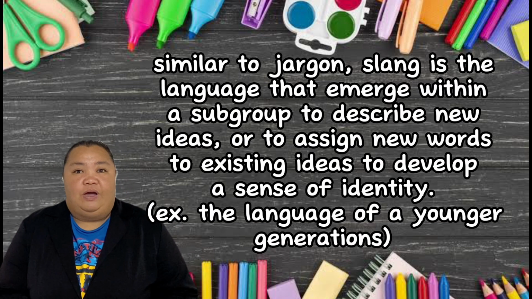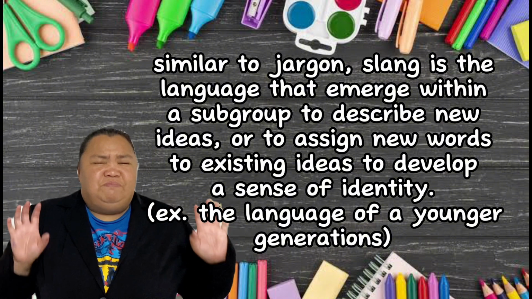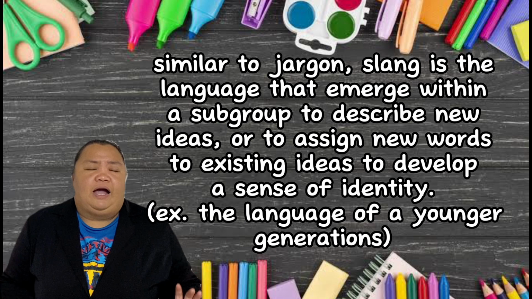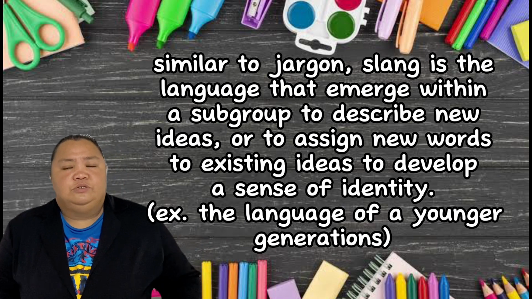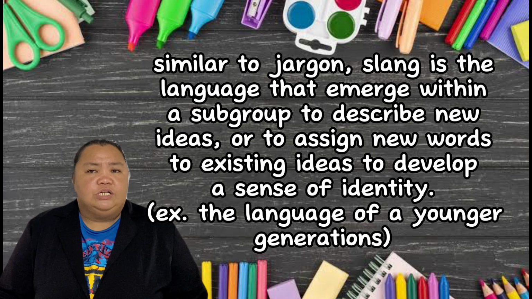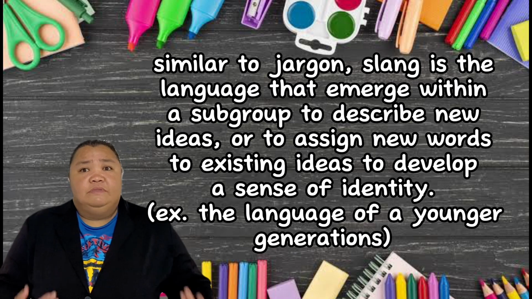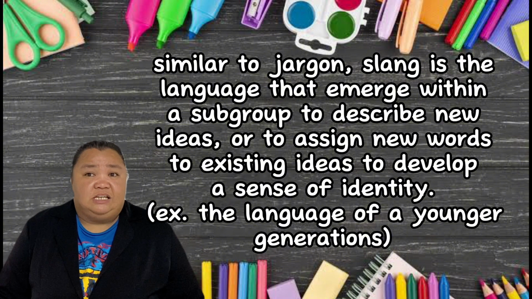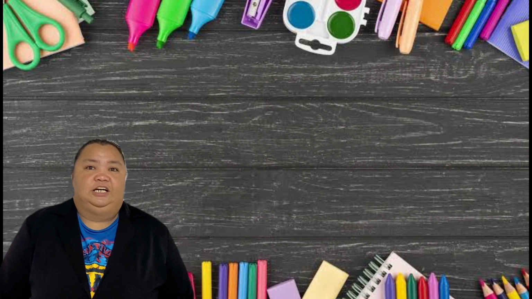Slang is the language that emerges within a subgroup to describe new ideas or to assign new words to existing ideas, to develop a sense of identity. Example, the language of a younger generation.